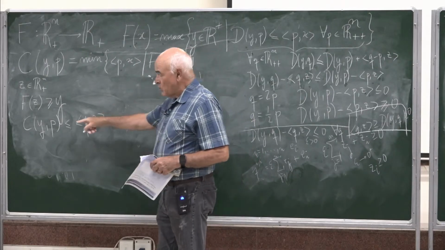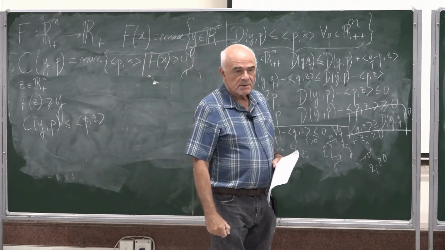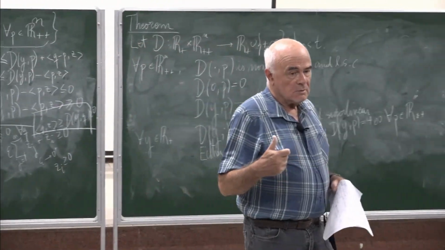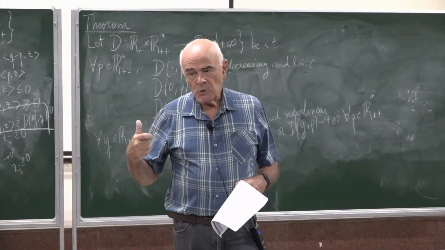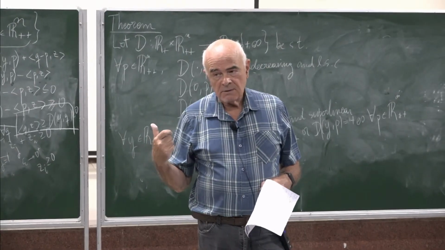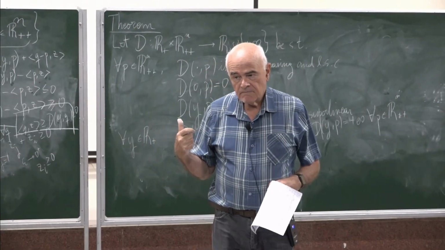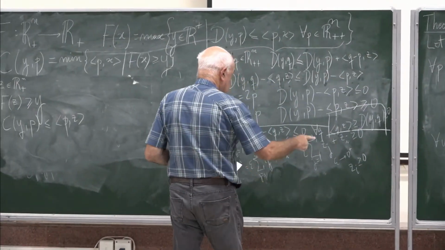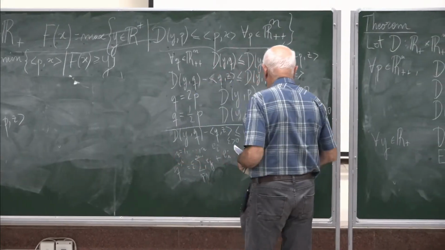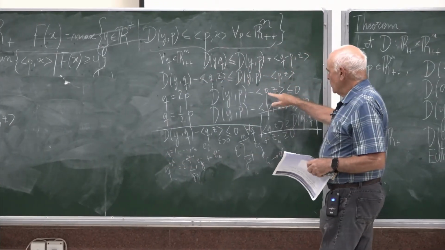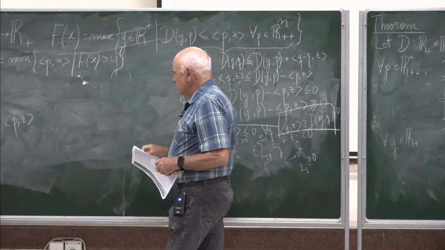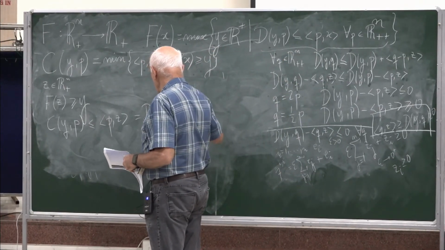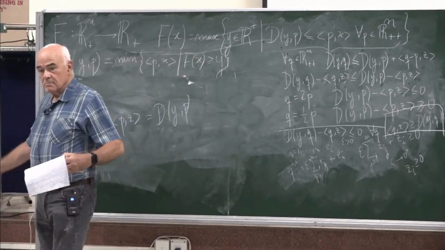Then the minimum cost is smaller than the one obtained by producing y by means of z. Okay? It's just using this definition. Oh, but p·z was equal to d of y, p. Finished.